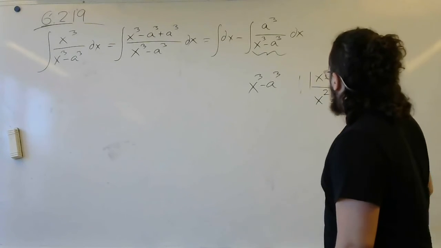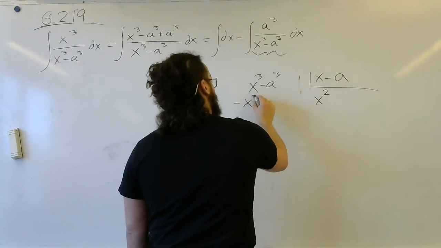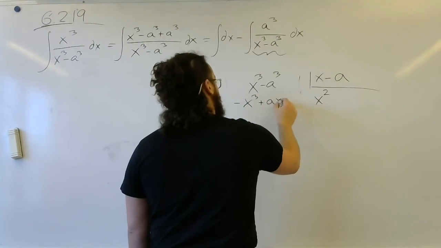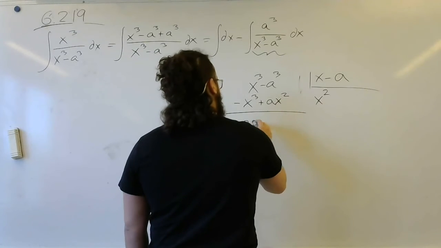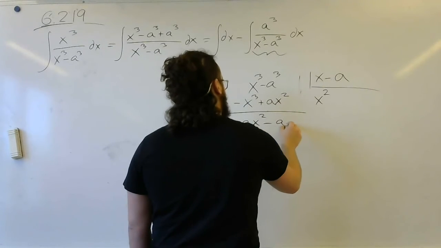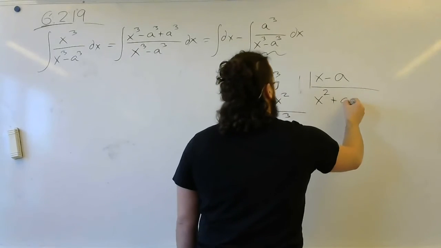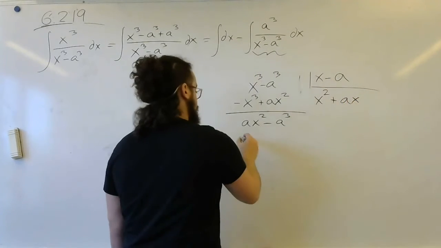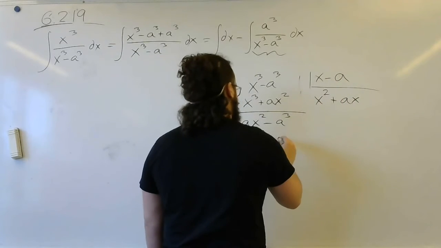So here, this can go x squared, and we have minus x cubed and plus ax squared. And here we have ax squared minus a cubed as the remainder. This comes as ax. We multiply this, then we multiply that.